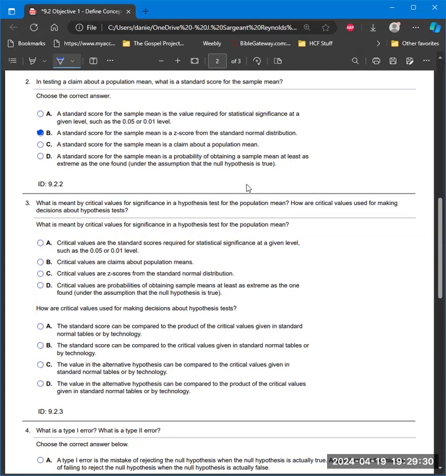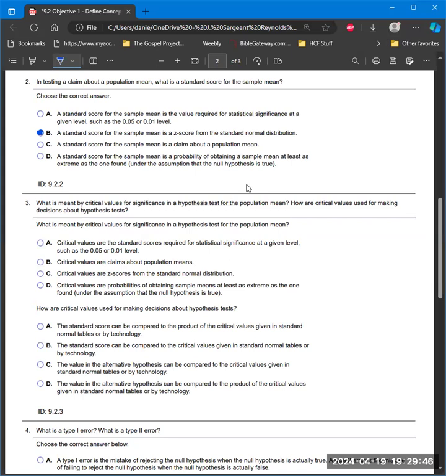What is meant by critical values for significance in a hypothesis test for the population mean, and how are critical values used for making decisions about hypothesis tests?